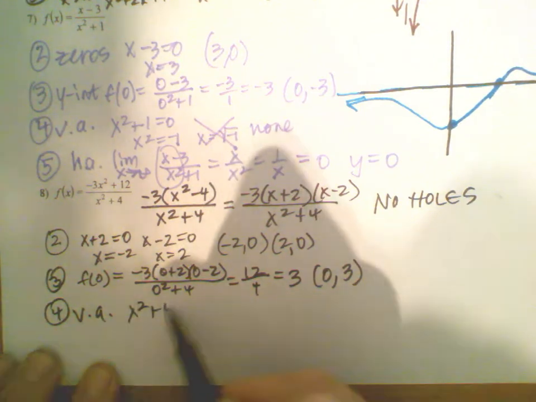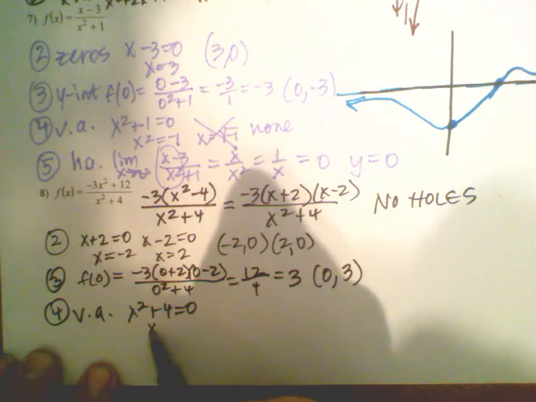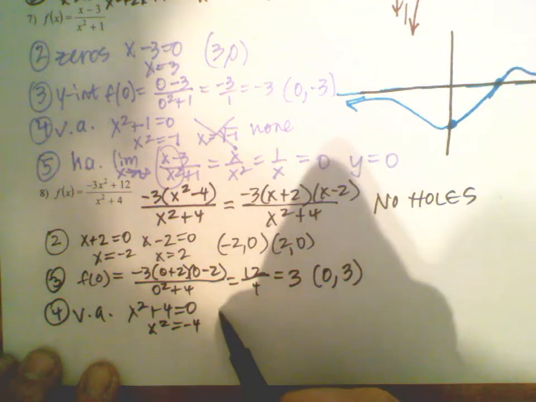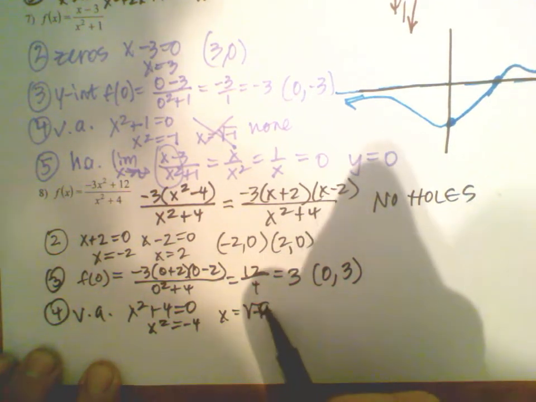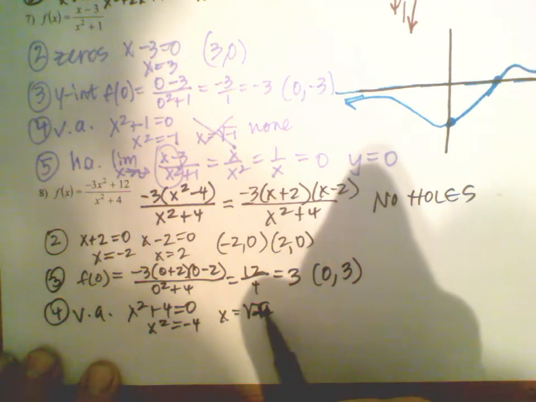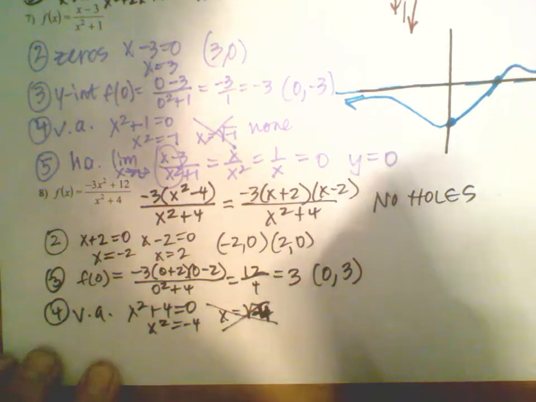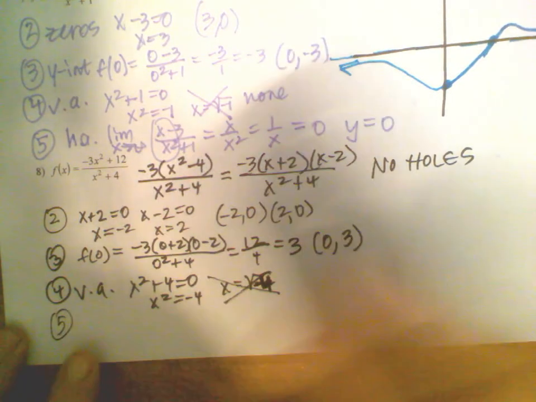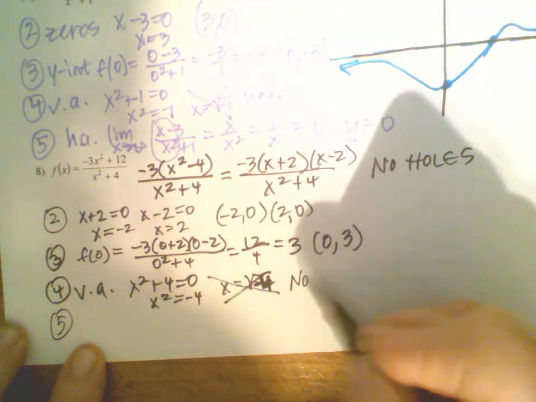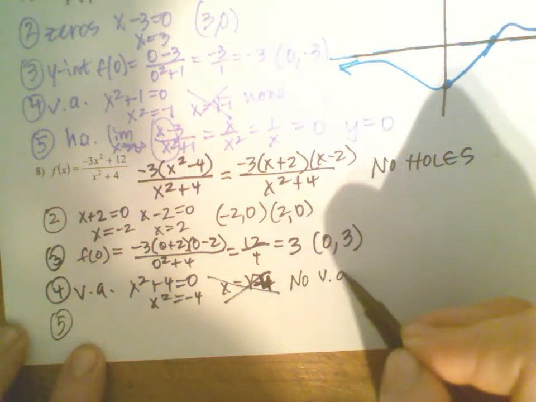Then I'll do my vertical asymptotes, which we already said don't exist. x squared plus 4 equals 0. That means x squared equals -4. So x equals the square root of -4, which is pretty ugly looking and doesn't exist, so I don't have that. So there are no vertical asymptotes.